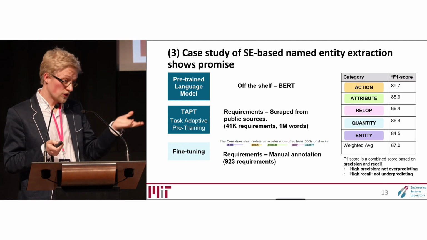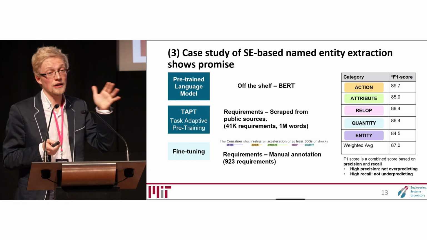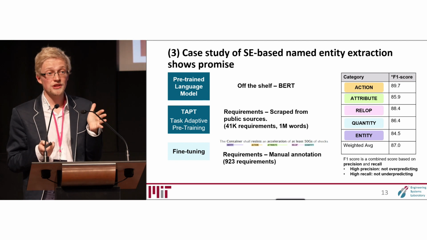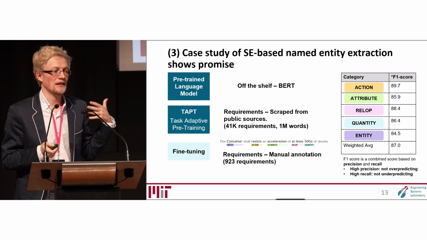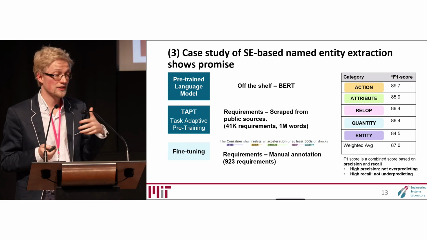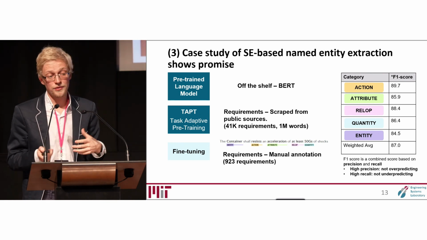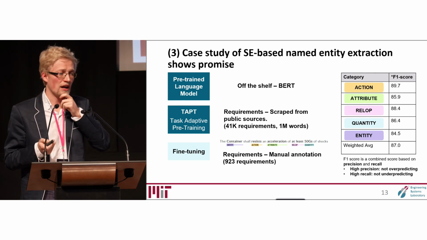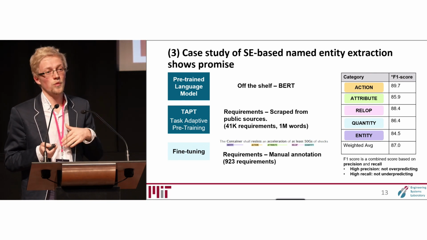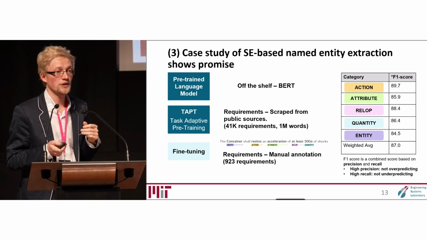And the results you can see in this table here, and here we only worked on the category extraction. We didn't work on the relation extraction. So you can see a set of 5 different categories that we worked on related to systems engineering. And the F1 score that you see on the right, higher is better, 100 is the best, 0 is the worst.